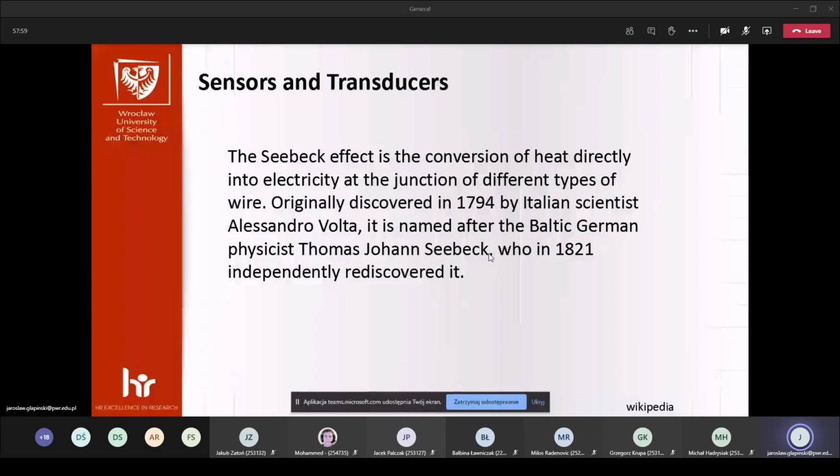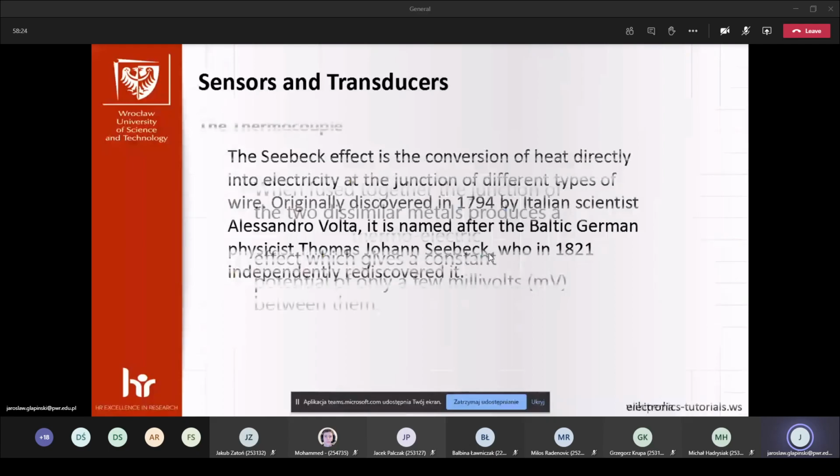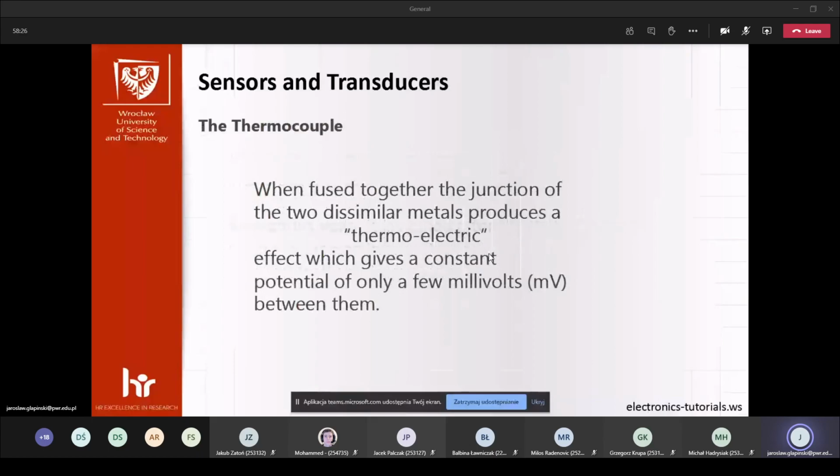This generation of voltage is connected with the Seebeck effect. This is the conversion of heat directly into electricity, and it was discovered in the 19th century, so it is a very old sensor.